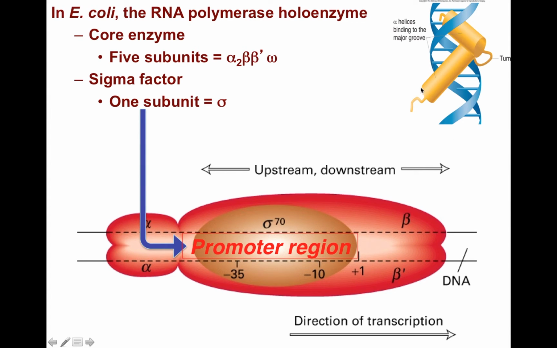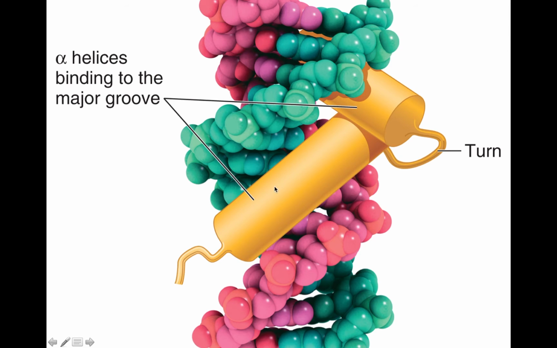This is a diagram of how the sigma factor is binding to the DNA double helix. Notice that it contains a very classic motif for a DNA binding protein. DNA binding proteins often have this alpha helix turn helix motif, where the two helices bind to opposite sides of the DNA in the major groove.